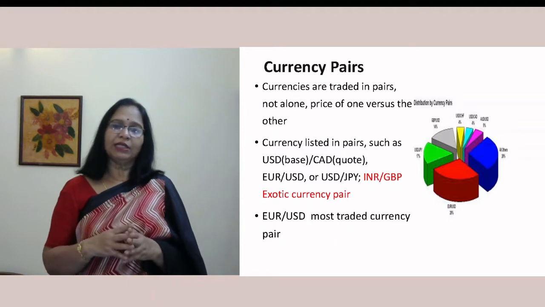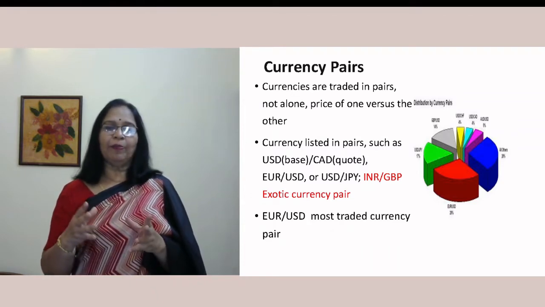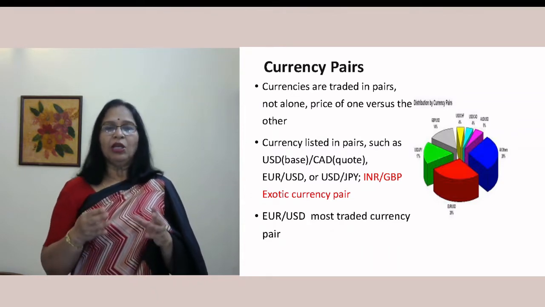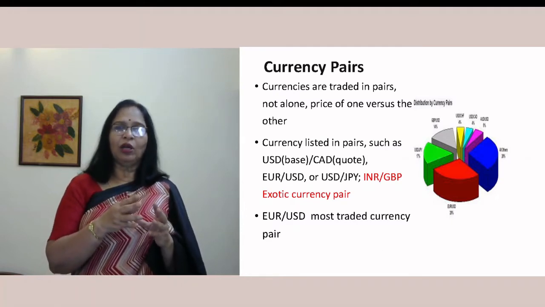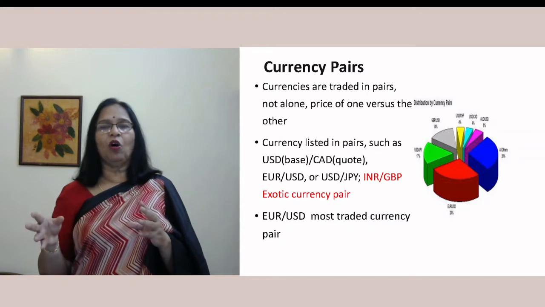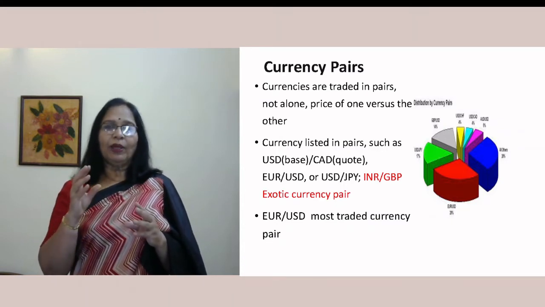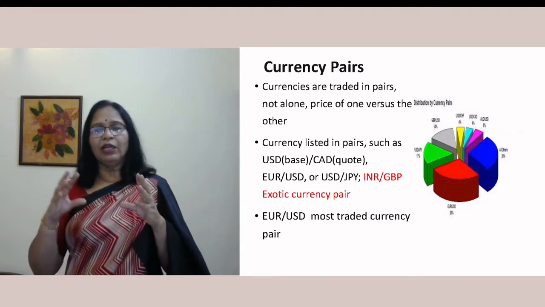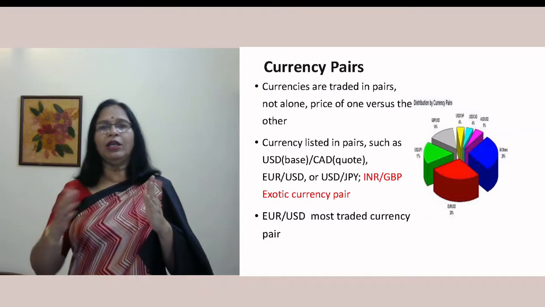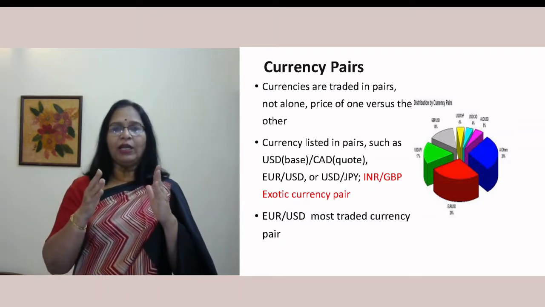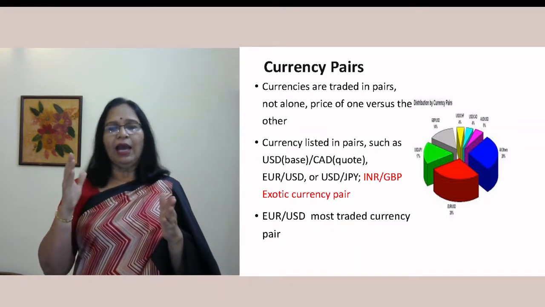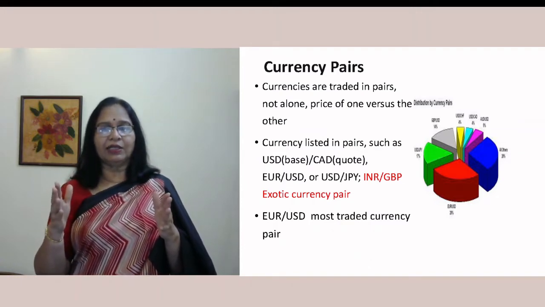So all these currencies are listed in pairs, USD base and CAD code. That means the US dollar is the base currency, and the value of the US dollar is explained in terms of the Canadian dollar. When we say $1 is equal to so many units of Canadian dollar, we call the US dollar the base currency and the Canadian currency the code.